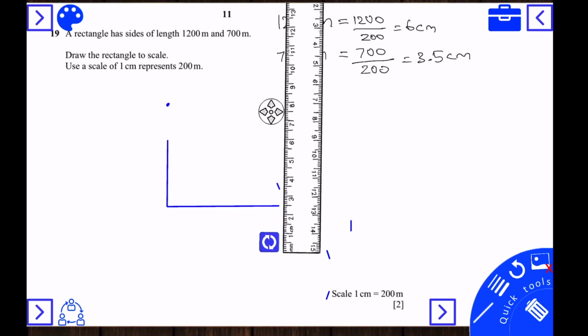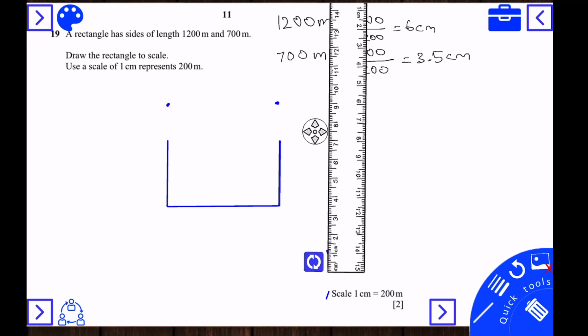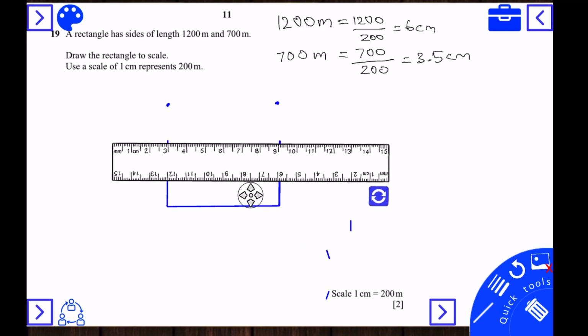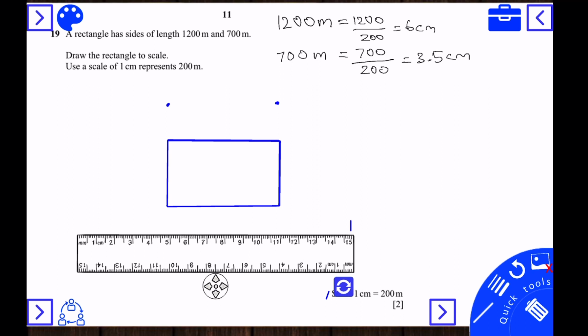And let's draw it on the other side as well. So let's draw a 3.5 centimeter line this side as well. And after this, let's finish the rectangle with here and draw a line. And there we have it. This is the rectangle we need to draw. Let's erase these two dots. And there you have it. This is the rectangle we needed.